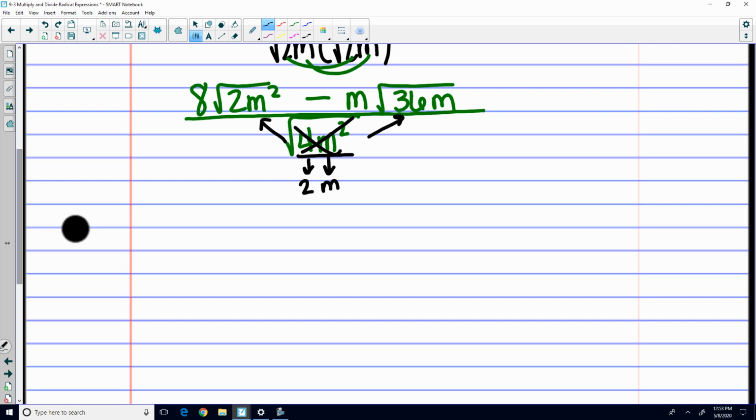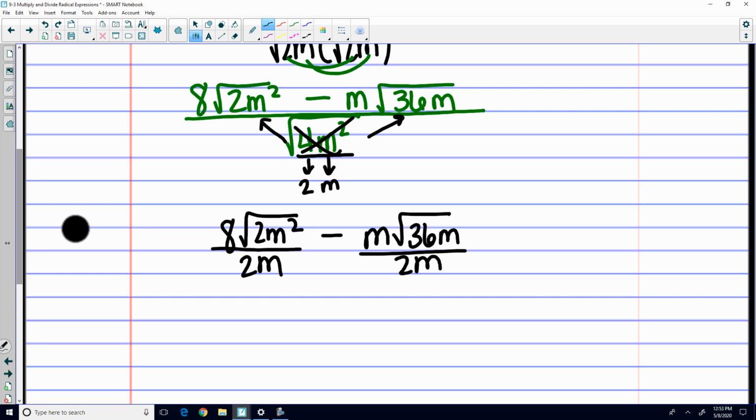So let's go ahead and write each of these as such. So I'm going to have 8, the square root of 2m squared divided by 2m, and I'm going to have to do a little more simplifying, minus m square root of 36m divided by 2m. Now, hopefully you've seen that there's a couple more things I actually have to fix. This first fraction here, this m squared has to come out as m, so that's going to come to the outside.